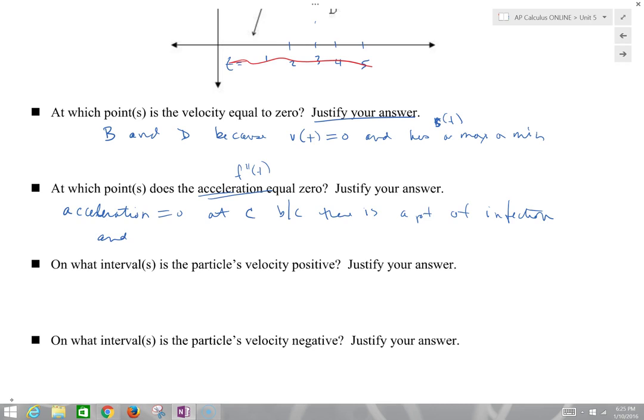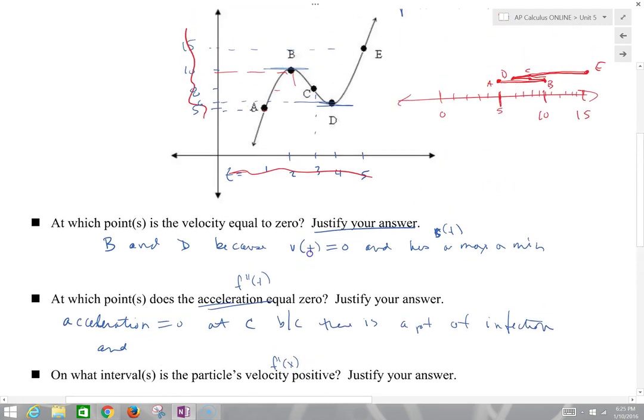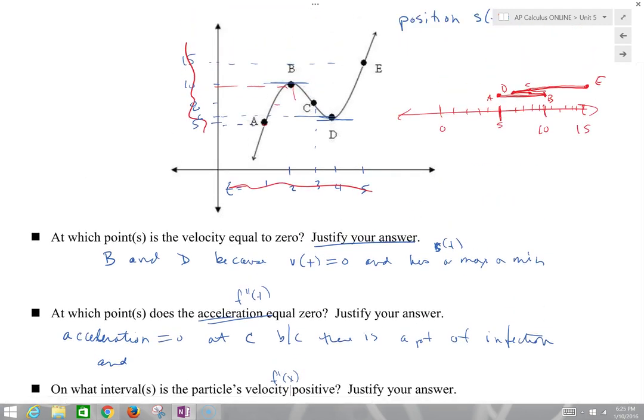Now we need to know, when is the velocity positive? Velocity is our first derivative. So when is the velocity positive? When the first derivative is positive, when the slope is positive. It looks like this is going to keep doing that forever, so we could say from negative infinity, but we're dealing with time, so let's start at 0.